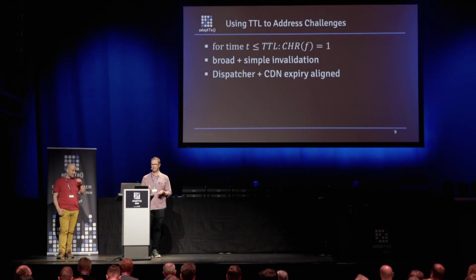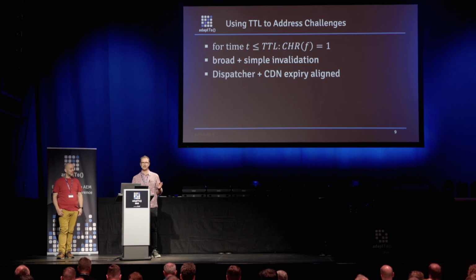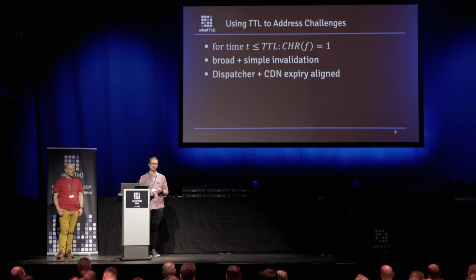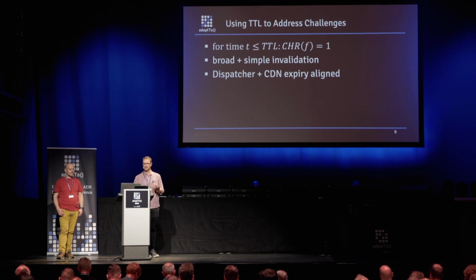When we do this, effectively, while your page age is less than the time to live, your cache hit ratio approaches 1. You can still use broad and simple invalidation paths, and typically you can align your CDN and your dispatcher time to live settings, so it makes it much simpler from a deployment perspective to manage the whole process.